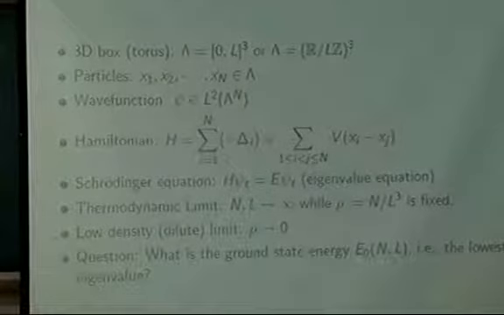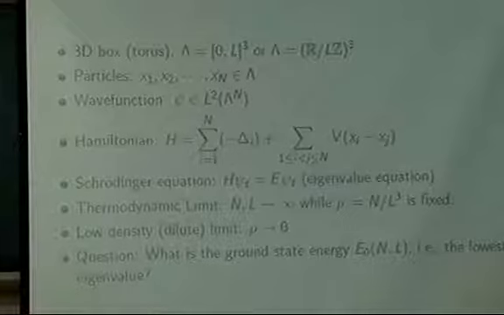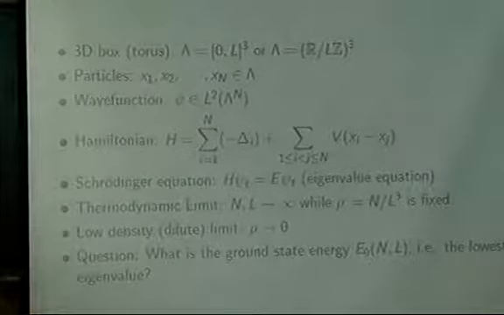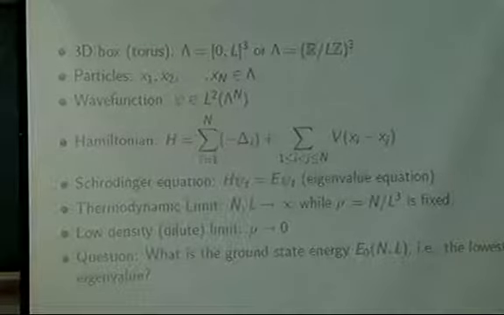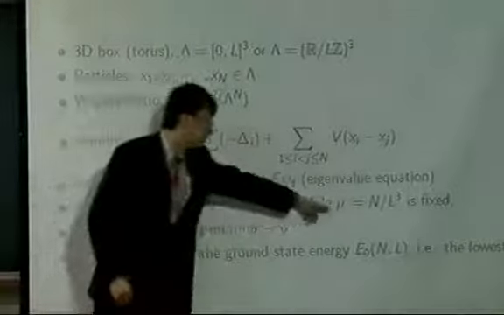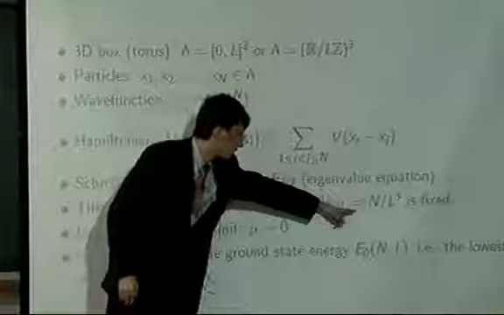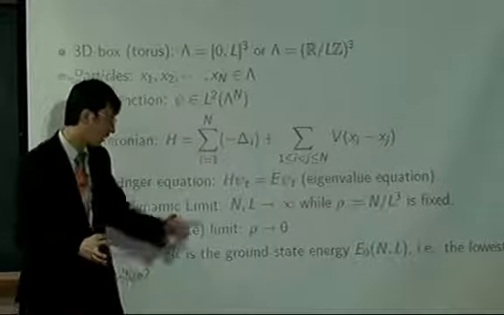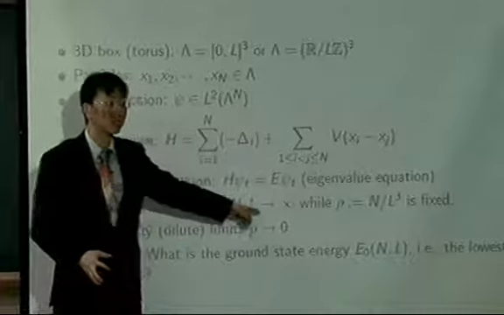We also consider the limit as n approaches infinity, but in this case, because we have a box of side length L, we want to let L go to infinity as well. The way of doing it is first to fix rho, the density, which is defined by n over the volume, and we let those two variables go to infinity.